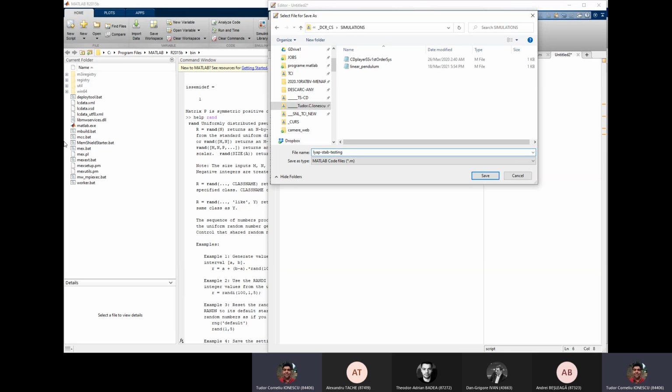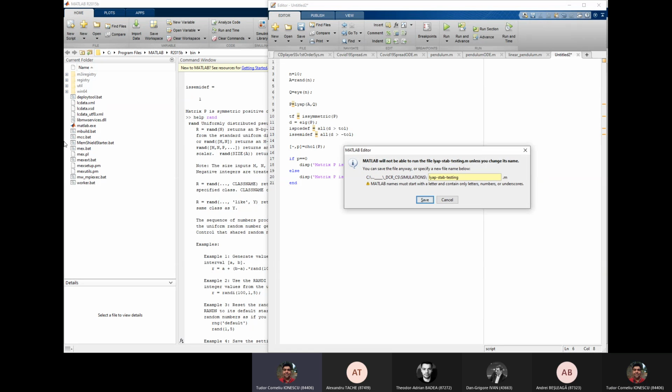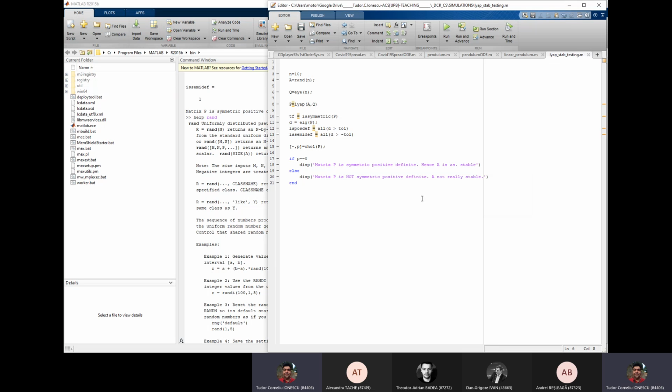Okay. Oh, shit. MATLAB hates dashes, but it likes this. Okay. Cool. Right, mates.